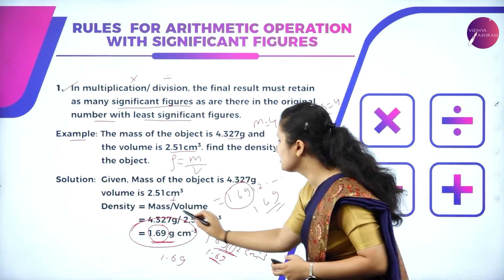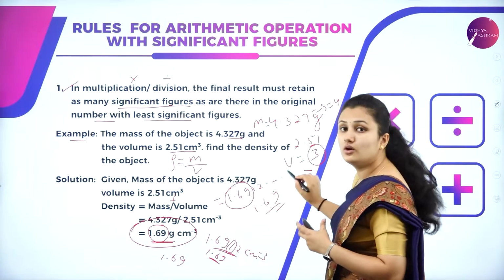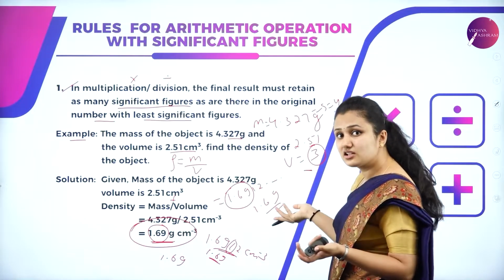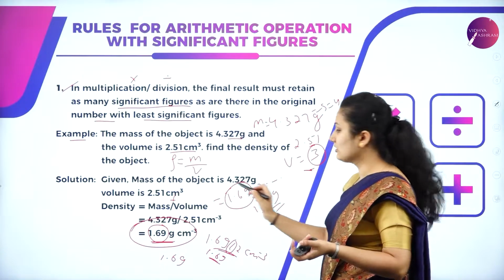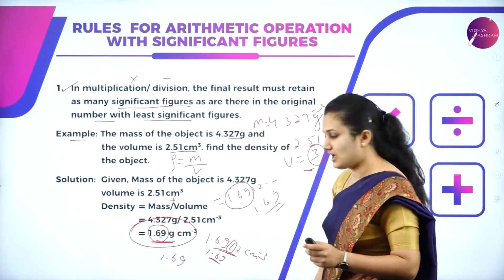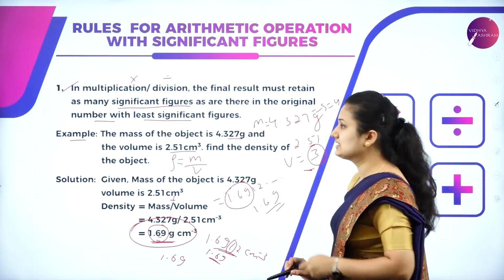So, the final result should have the least significant figures among mass and volume. Mass has 4, volume has 3. Which has the least? It is volume, right? So, your answer should retain 3 significant figures at the end. How did I round off this digit? We learn in the upcoming slide.